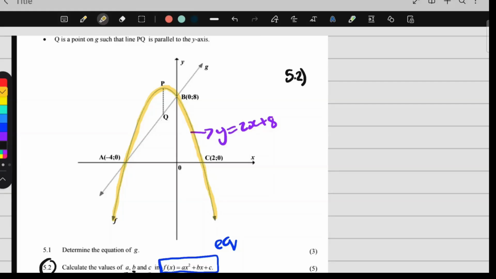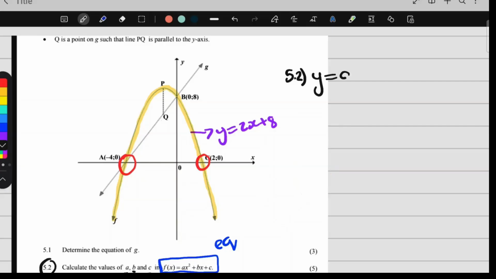So there's 2 ways to find the equation of a parabola. One is where the turning point is given. One is where you have the turning point. That's option number 1. Option number 2 is when they give you the x-intercepts. So when I look at this, they gave me the x-intercepts because there's A and C. That's the x-intercepts. So we are going with option number 2.